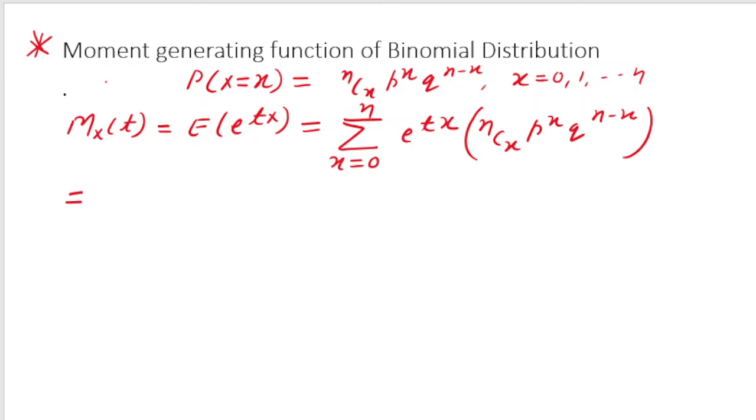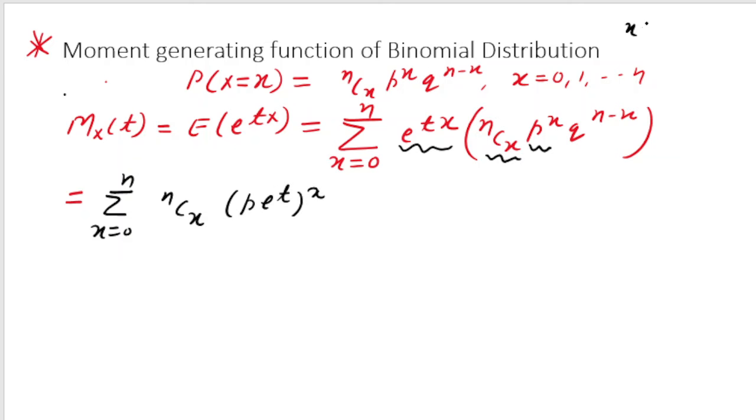Now I am starting from here. So we have summation x varying from 0 to n, and we have the term ncx. So I am writing here ncx first, and we have e to the power tx and p to the power x. If you look at this, it can also be written as p into e to the power t, whole to the power x.